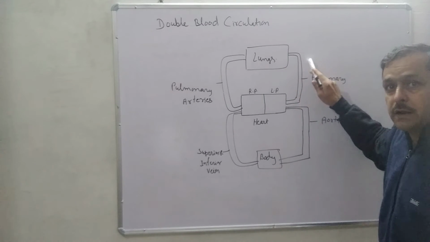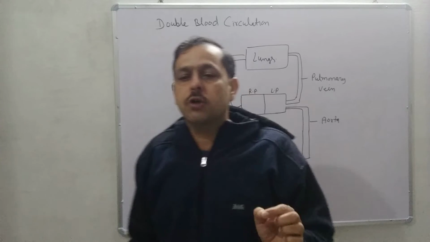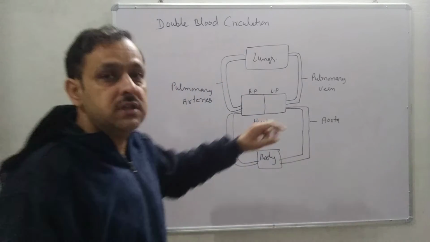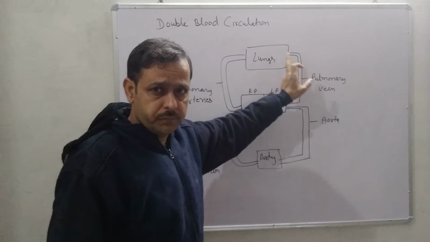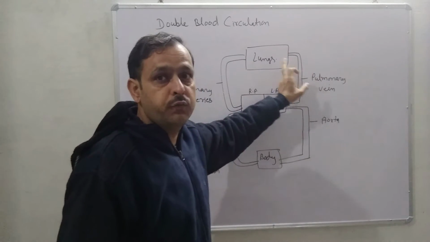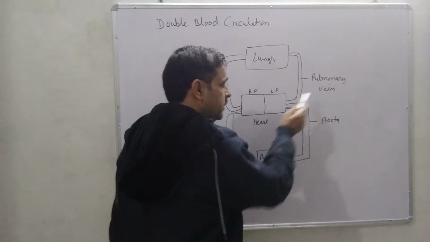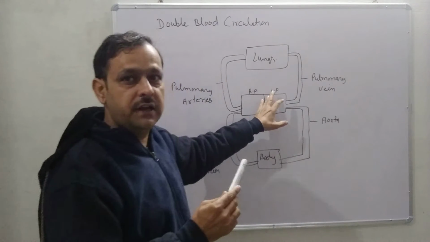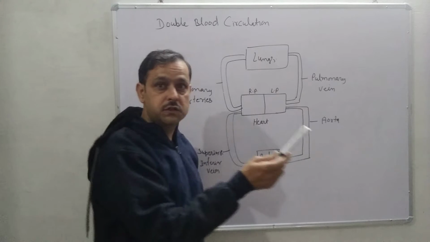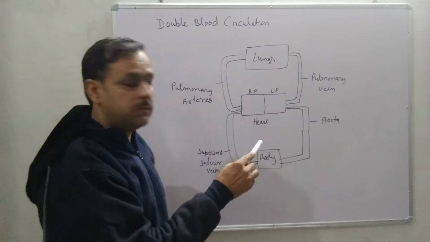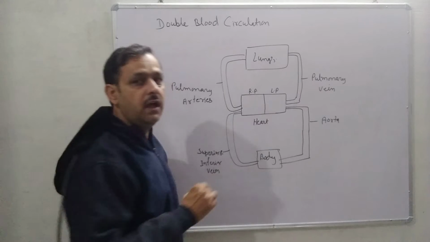From the lungs, the pulmonary vein is the only vein in which pure blood is carried. So this pulmonary vein carries pure blood from the lungs to the heart, to the left part of the heart, and from the heart's left part, by the left ventricle, which we can study in the mechanism of the heart, through the aorta, this blood passes through the whole body.